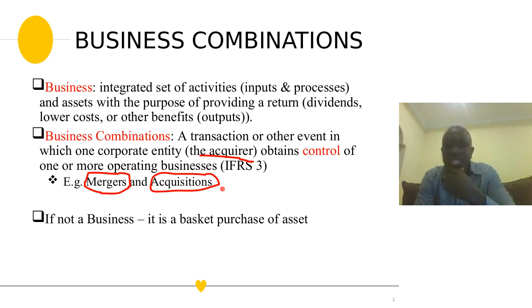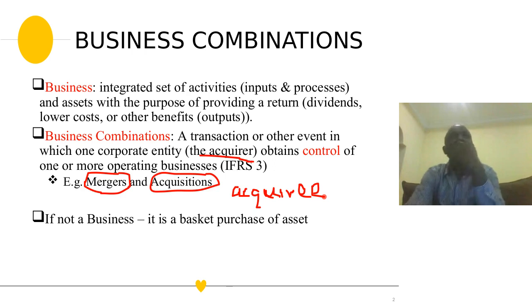Maybe I can note it there. So the acquiree, sometimes it may lose its identity or it may also retain its identity.